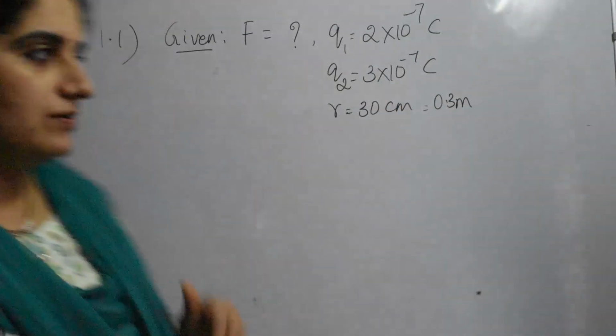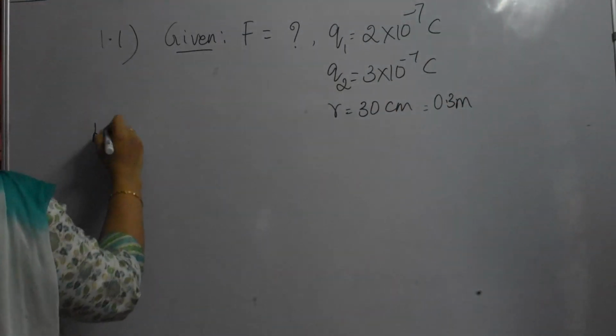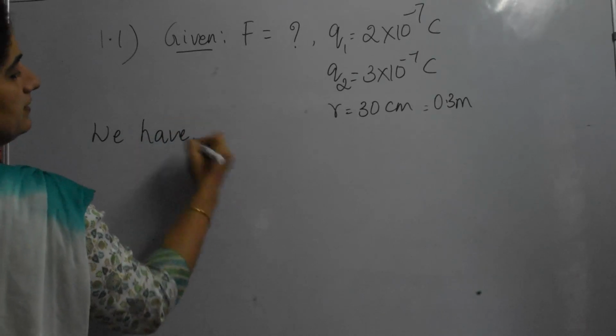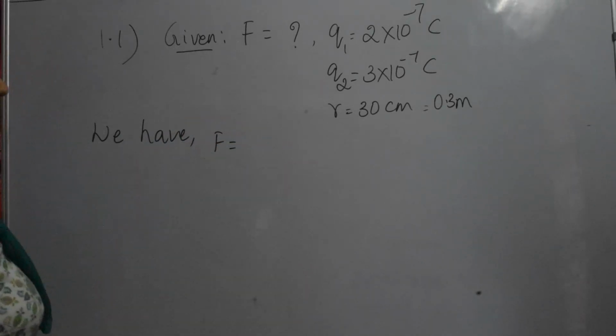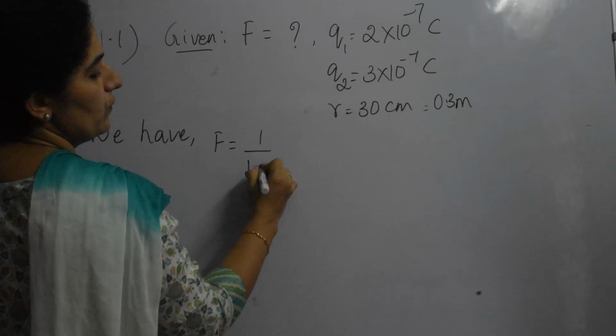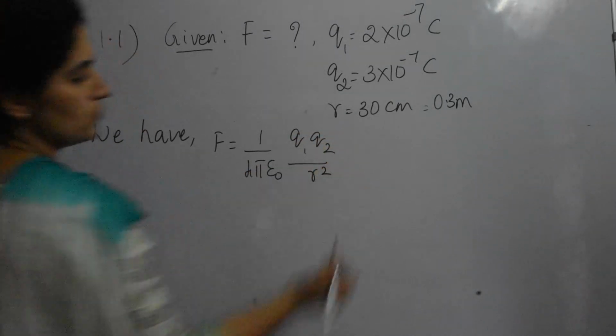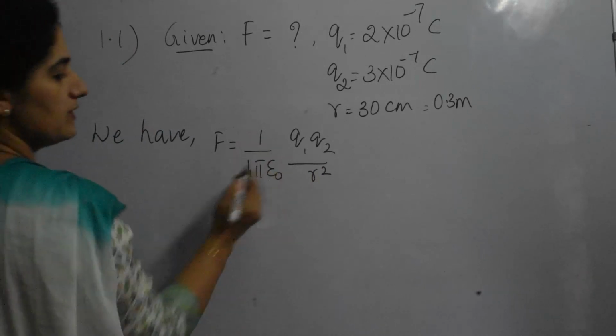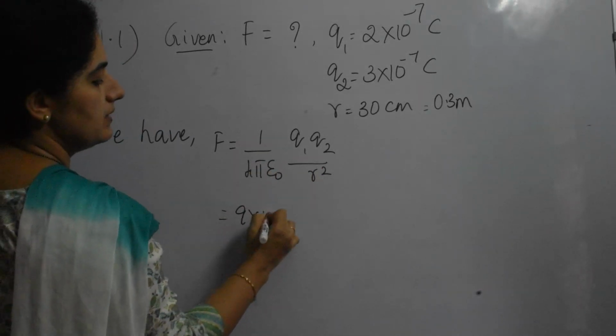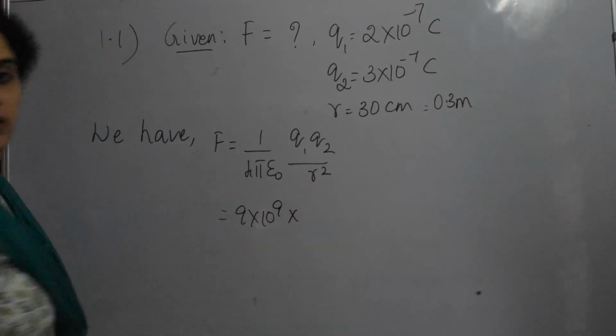So Coulomb's law. We have F is equal to 1 by 4 pi epsilon naught Q1 Q2 by R square. Direct substitution: 1 by 4 pi epsilon naught is nothing but 9 into 10 to the power 9.